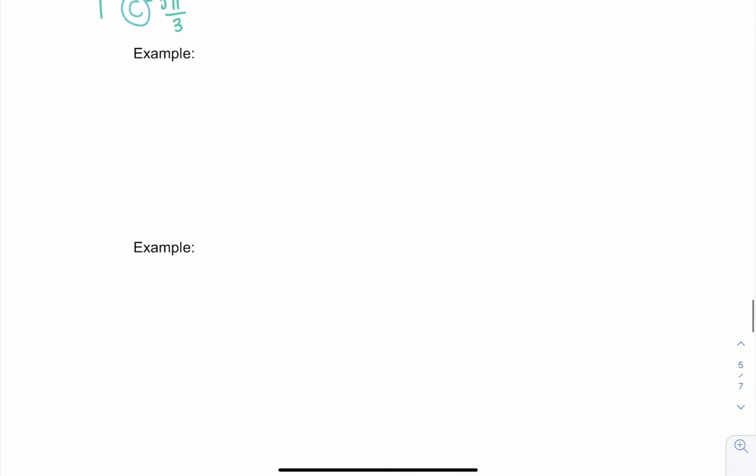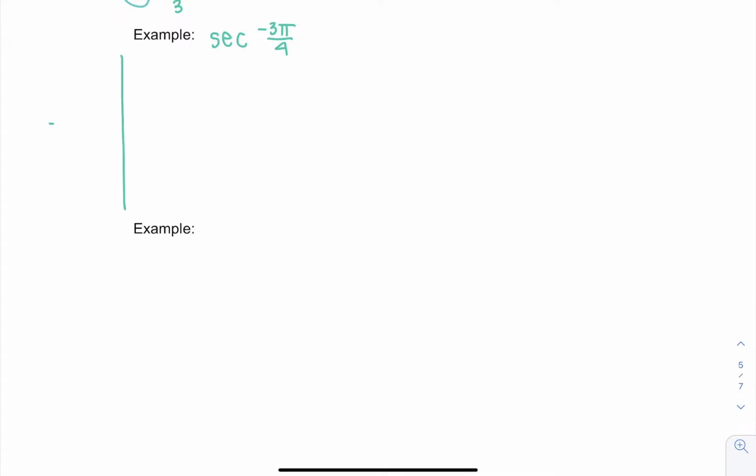Let's try another one. So let's say we have secant of negative 3 pi over 4. So let's try to figure out where that is. Since I'm going negative, remember I'm going clockwise now instead of counterclockwise, so I'm going the opposite way. And here's 0. Here's pi, but that's also like 4 pi over 4, right?